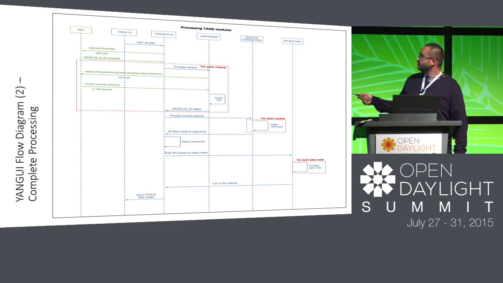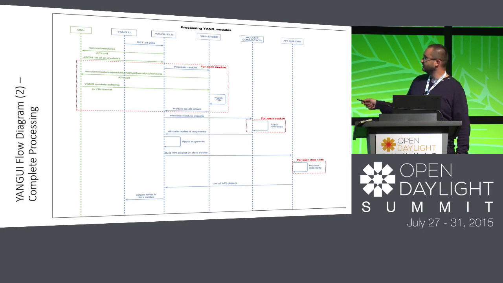So from top to bottom, the YANGUI application asks YANGUI utils, give me data. YANGUI utils asks the controller, give me the modules, and it returns them. This is the first processing.